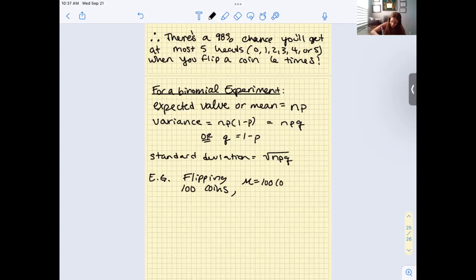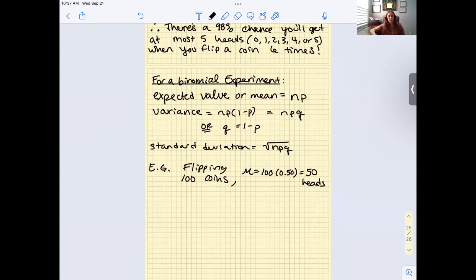It's 100 times 0.5. So we would expect 50 heads, which makes sense, right? If we flip 100 coins, we would expect 50 heads. We know it's not going to be perfectly 50 heads. We know that there's going to be some variance there.